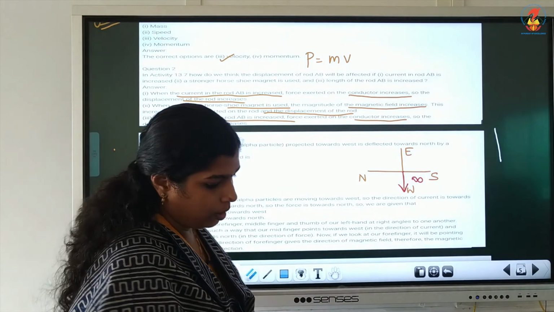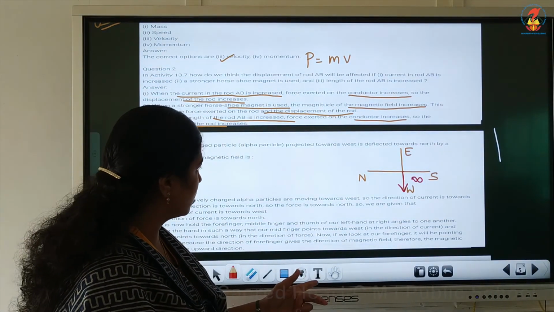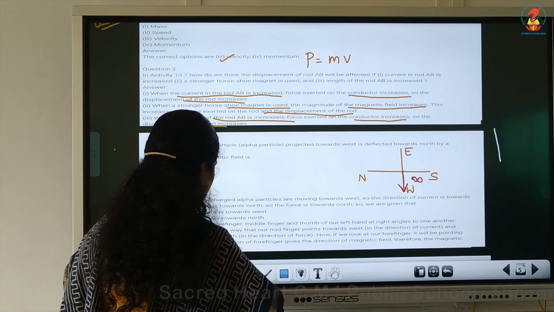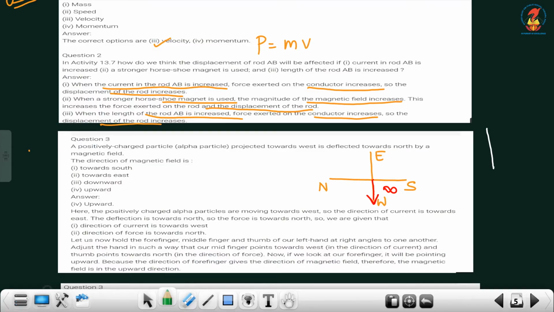Then in which direction is the force experienced? The force is experienced in the north direction. We need to find the direction of the magnetic field.